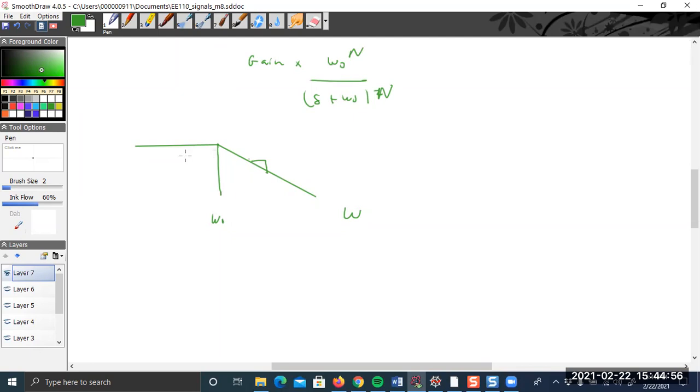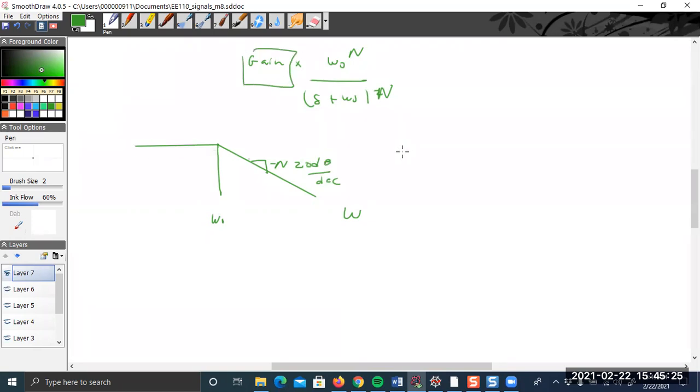The only way you'd really know the difference is that this would be n. The larger the n, the steeper this slope would go, right? But the way I've drawn it is it doesn't affect where omega naught happens, and then the gain is out here, so that's not affected.